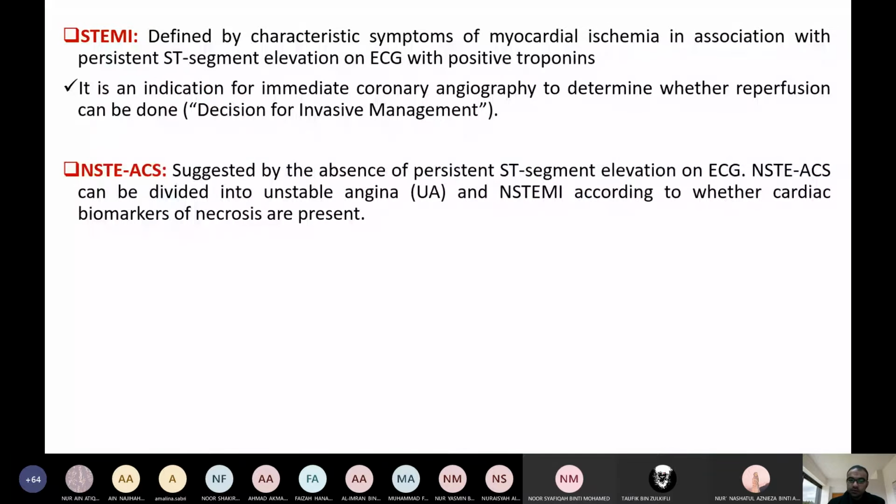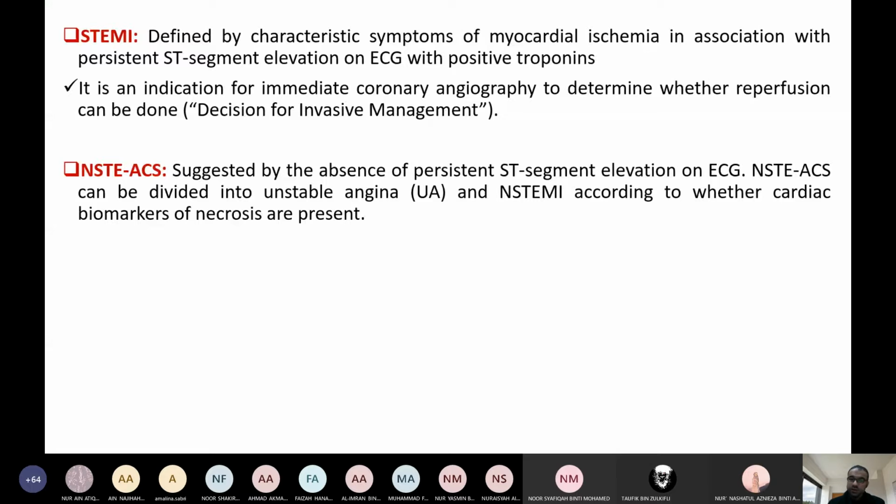The other approach, maybe of the clinical classification, will contain two types: the unstable angina or non-STEMI, non-ST segment elevation myocardial infarction. So non-STEMI is maybe similar to the STEMI in terms of the myocardial infarction or the myocardial injury taking place.